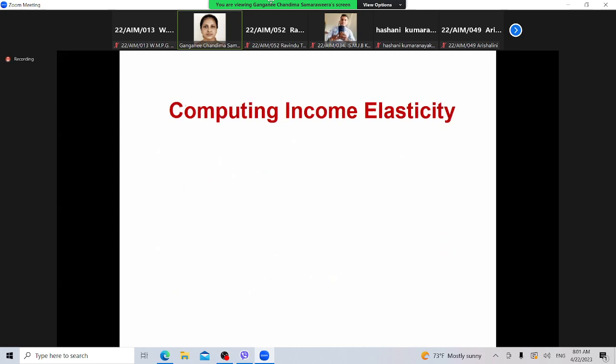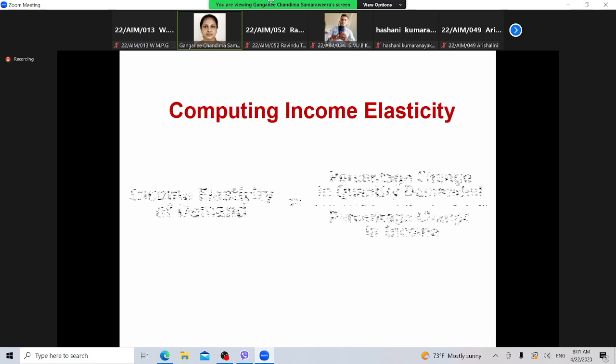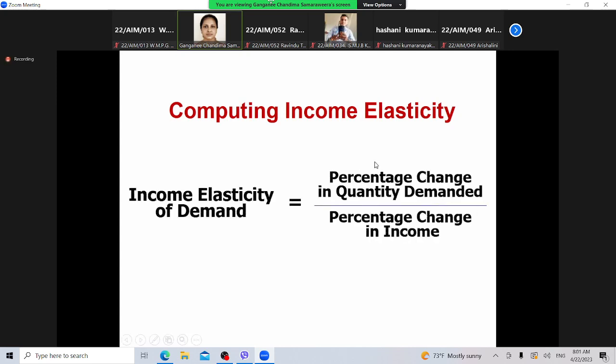So you can freely see all these before your examination. We computed income elasticity of demand using this equation: income elasticity of demand equals percentage change in quantity demanded divided by percentage change in income.